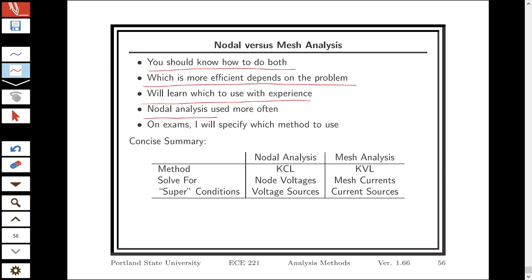Node analysis is the one used more often because it's a bit easier than mesh analysis, because in mesh analysis we use imaginary currents. However, node voltages are real, right? And in exams you'll be specified which one to use.